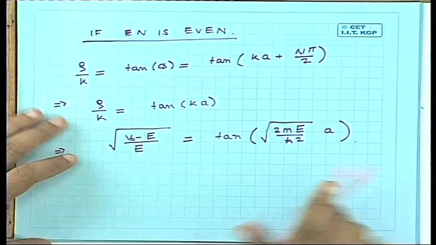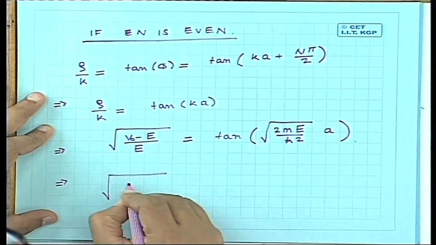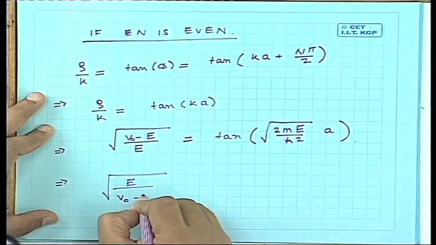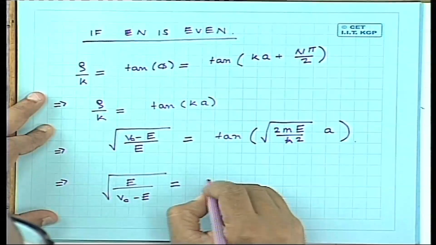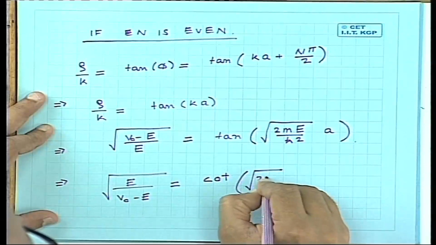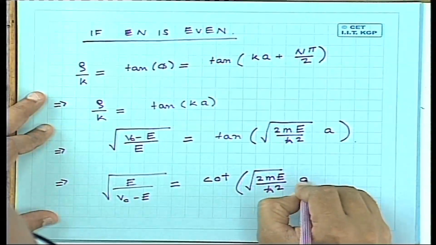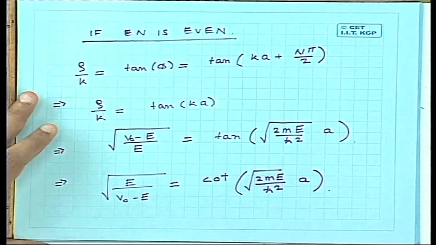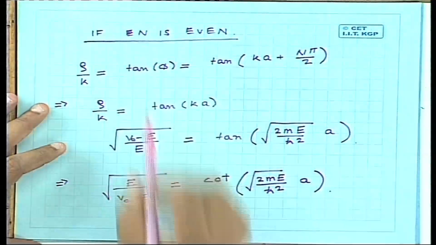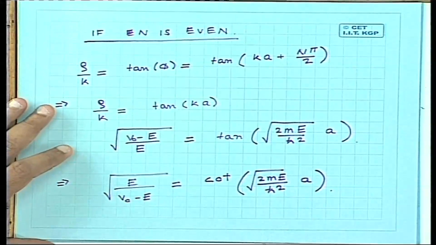Now it's more convenient to write it in this fashion: square root of E by V naught minus E is equal to cot of square root of 2mE by h cross square times a. So if n is even, then the values of energy which are allowed have to satisfy this equation.